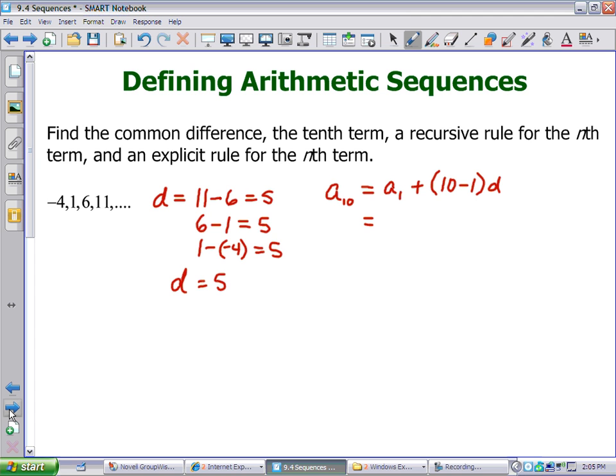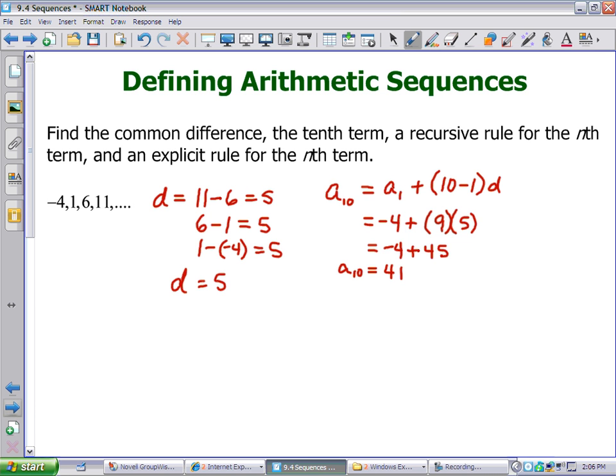The first term in this sequence is negative 4, so a sub 1 is negative 4. I'm going to add to that 9 common differences, and the common difference D was 5. So I get negative 4 plus 45, and my a sub 10 comes out to be 41.